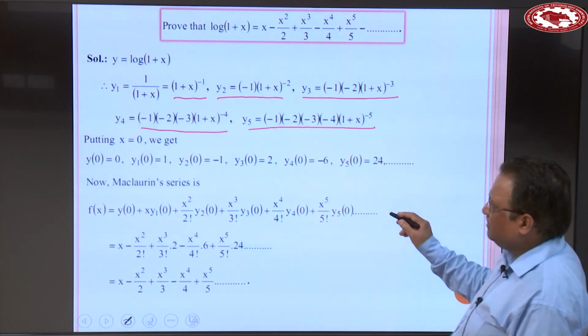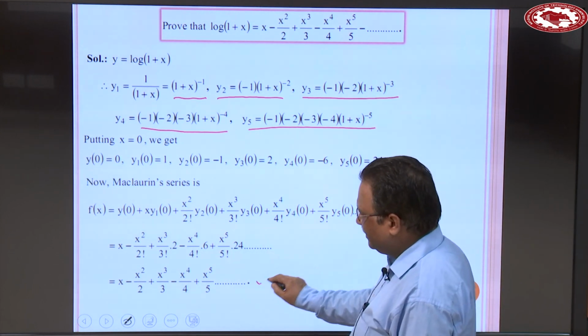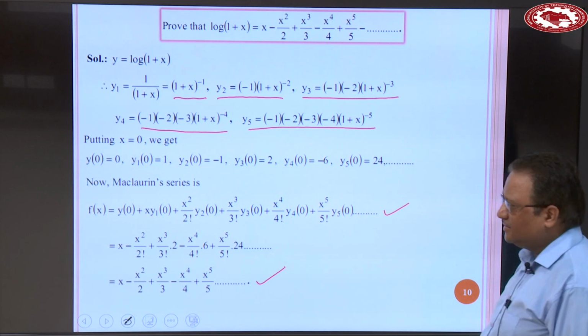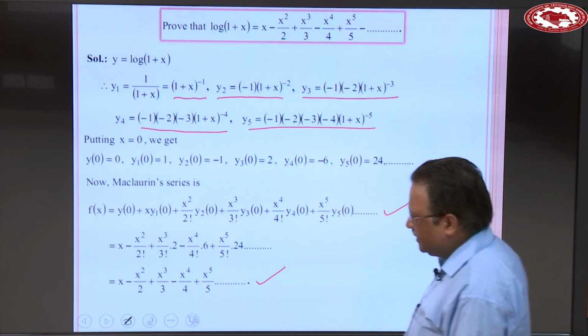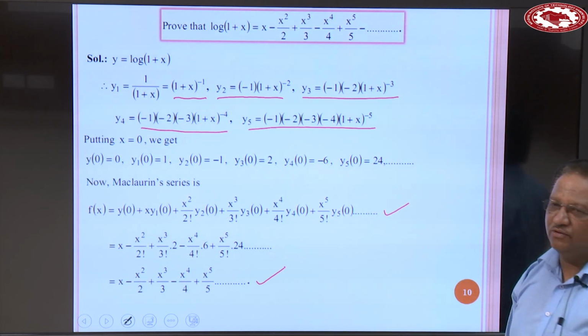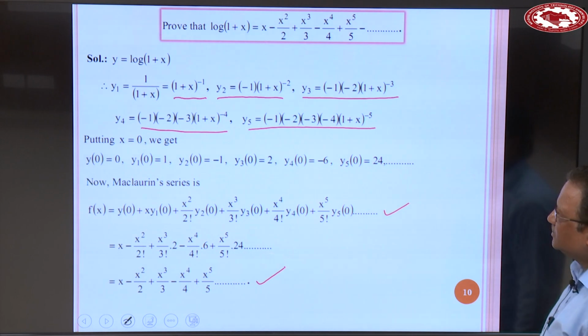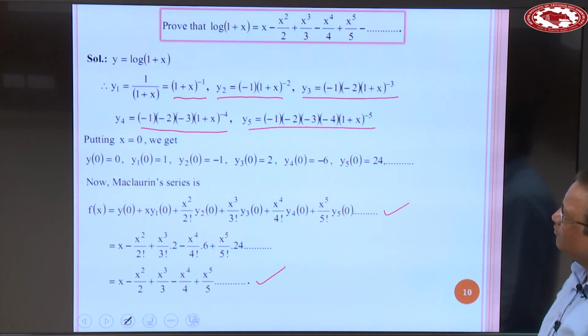So by Maclaurin's series, substitute all these values, we obtain the required series x minus x square over 2 plus x cube over 3 minus x4 over 4 plus x5 over 5 minus and so on. So in this way, we can expand this important function log 1 plus x.